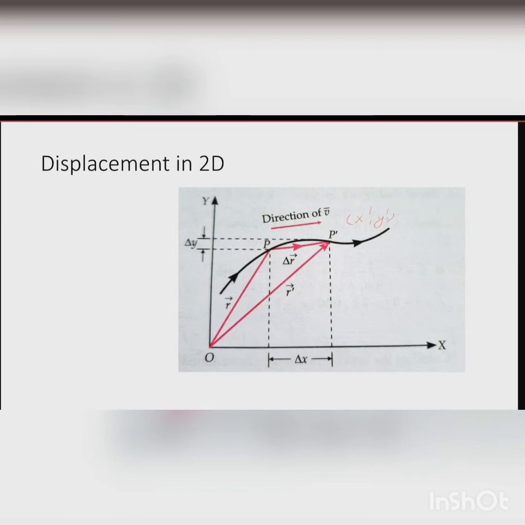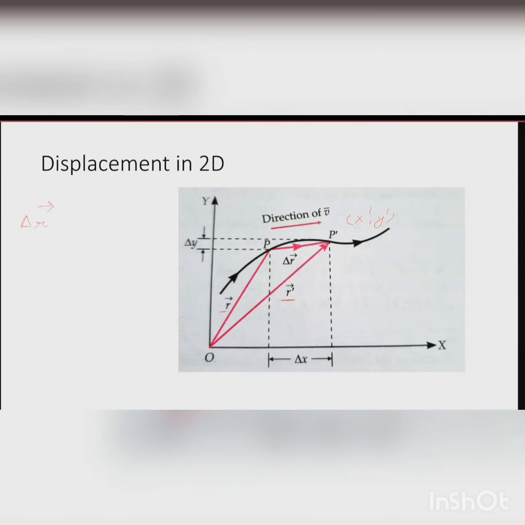Corresponding to the initial position, we have vector r. Corresponding to the final position, we have vector r prime. So now the displacement vector would be delta r, not delta r prime.